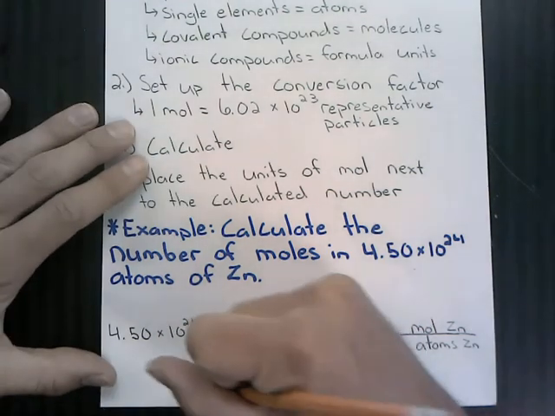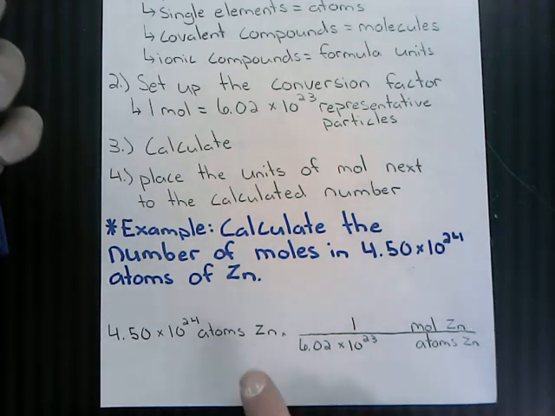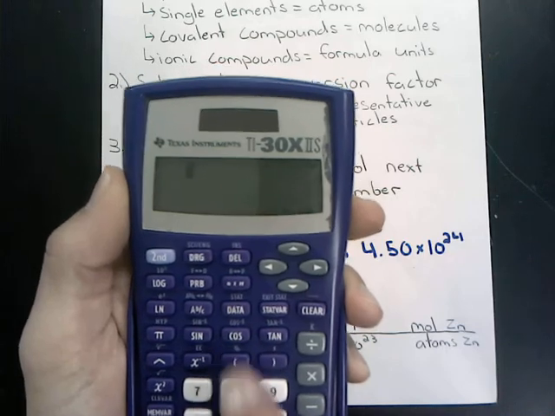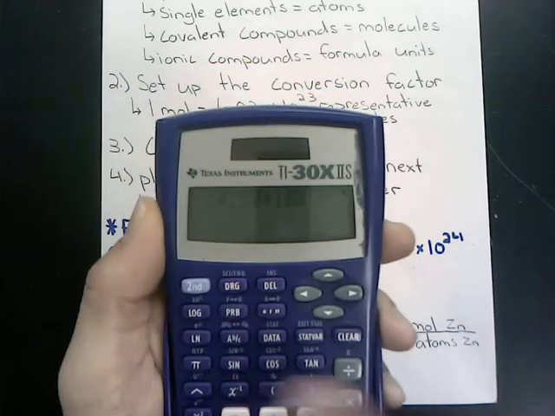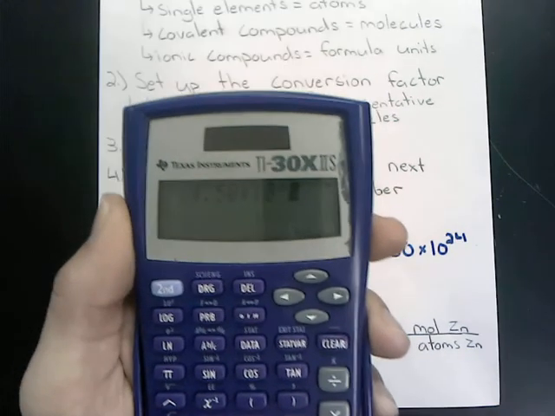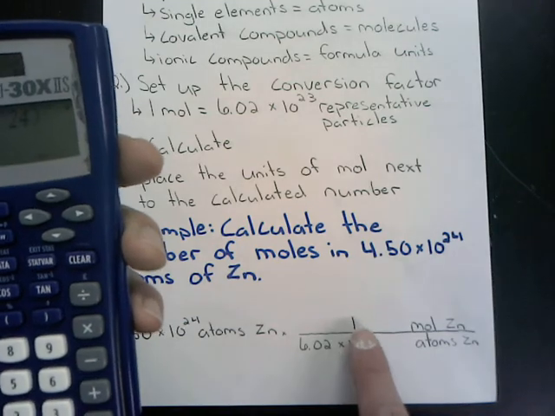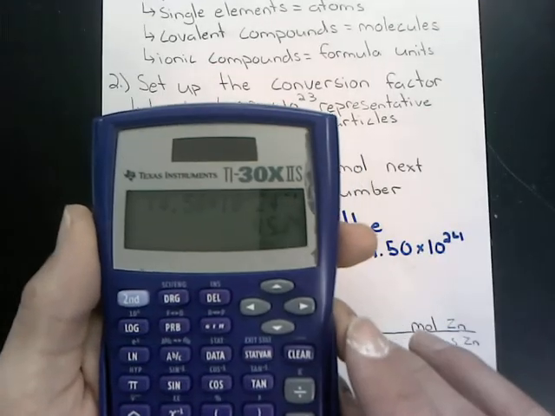So we have everything that we need to do our calculation, and so we'll get out our calculator. So parentheses are key. So we have 4.5 times 10 to the 24th atoms of zinc. So what we do here, we start out with a set of parentheses. So 4.50 times 10, caret symbol, to the 24th. We close that. We multiply it by what's on top, which is just 1, which obviously will get that same value.